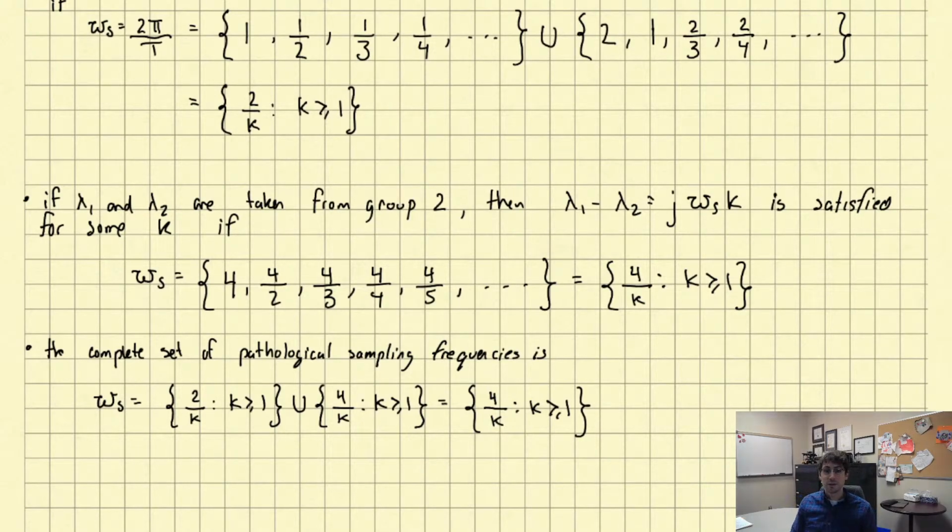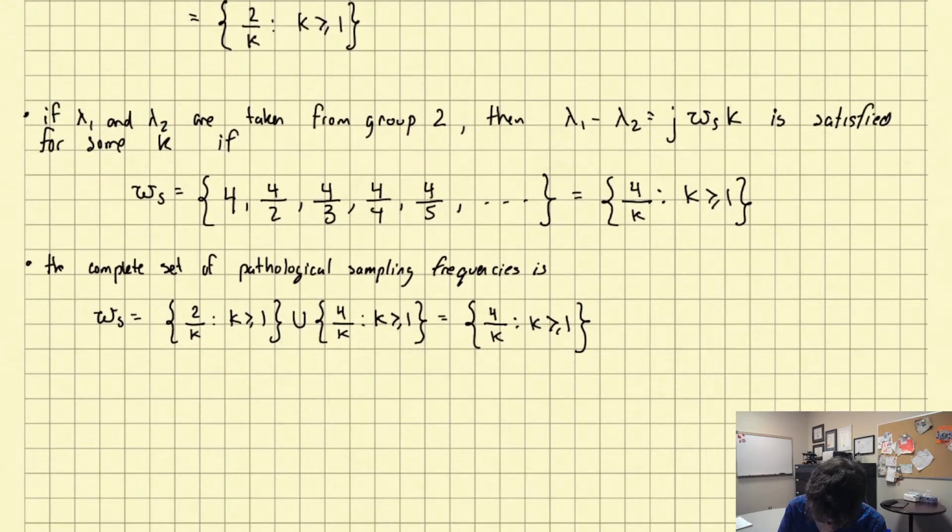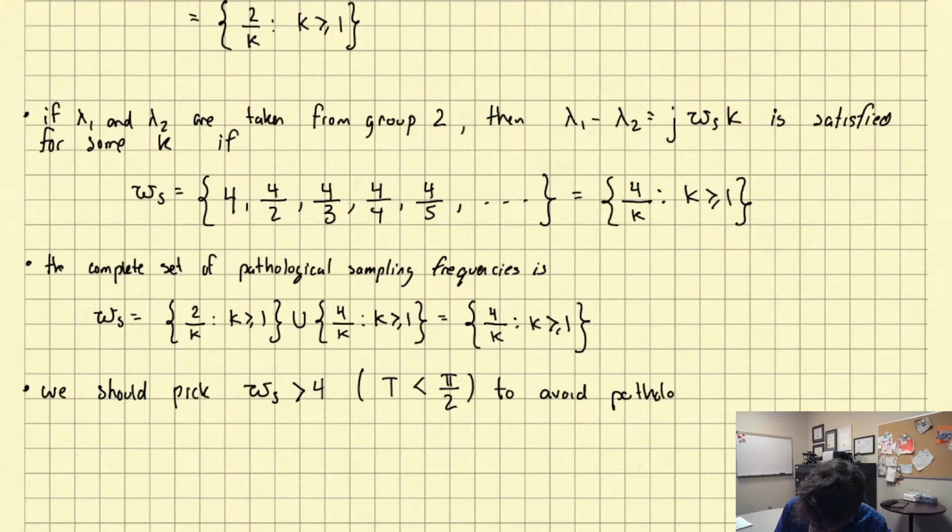So those are all the pathological sampling frequencies, and we've talked about avoiding them, right? So in this case, for this example, we should pick omega s greater than 4, so that we don't have any issues with pathological sampling.